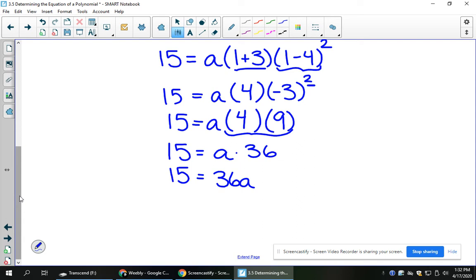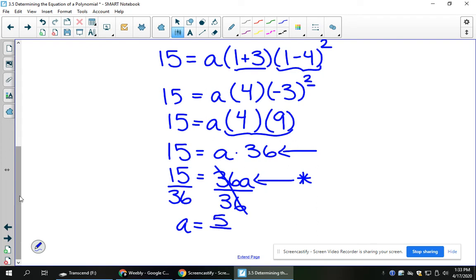Even though that becomes 36, if it's multiplying, write it in front, because we're way less likely to recognize a times 36 than 36a. This is what we have basically trained you guys to know, but a times 36 just looks quite bizarre, to be honest. If you write it the second way, you can now see what kind of algebra we need to get a by itself. We need to divide both sides by 36 so that the 36's cancel and we get a to be a fraction.